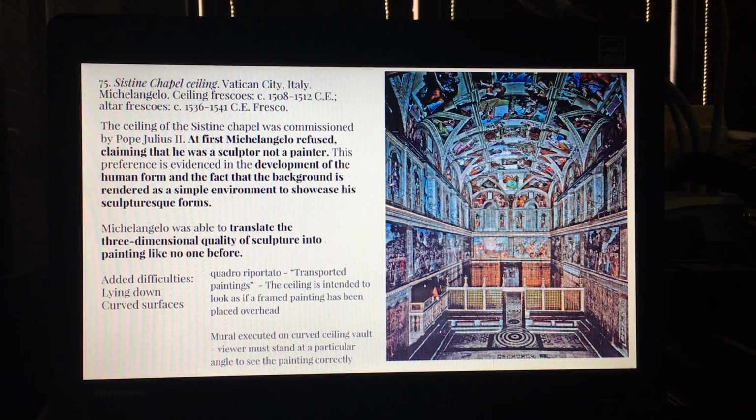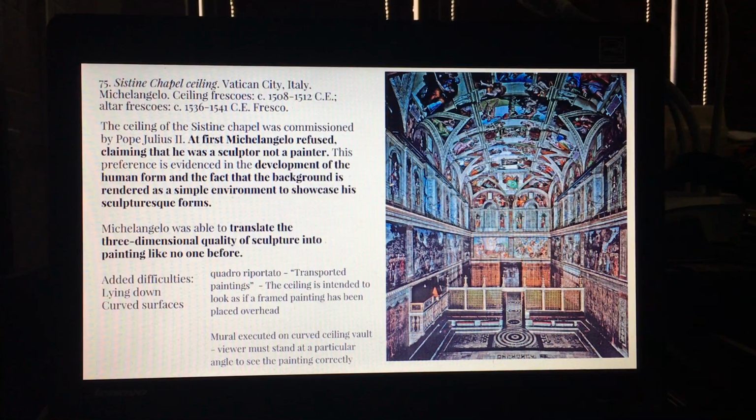Not every image can look flat if you're just standing in one spot. This is what's called a quadro riportato, right? The phrase means transported paintings. So the idea is that it's like taking a regular painting in a frame and sticking it up on the ceiling. The deal is, though, you have to stand in a particular spot in order to see the image as it's supposed to be seen.